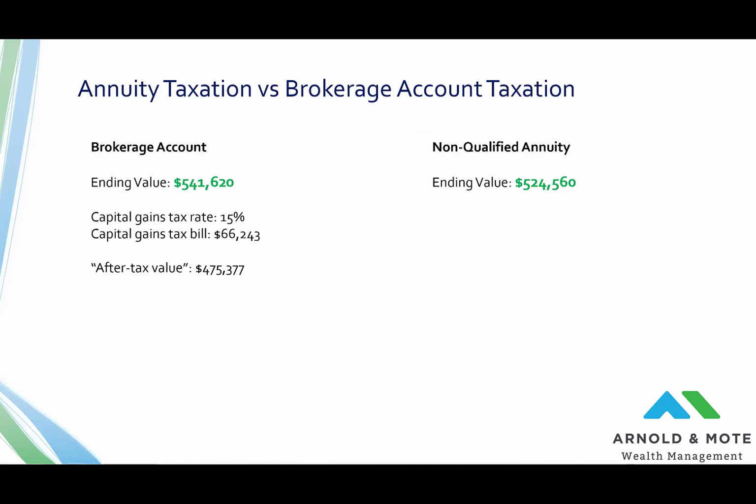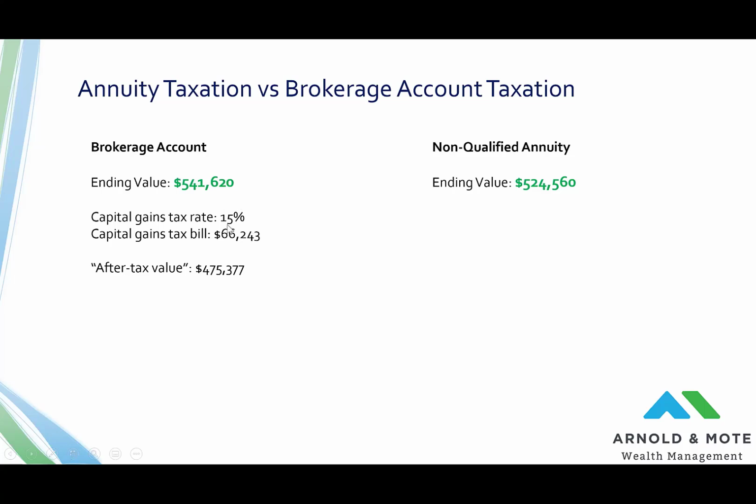Brokerage accounts are subject to a different tax rate than annuities. Brokerage accounts get long-term capital gain tax rates, which for a lot of households is 15%. It can be as high as 20%, but you'd have to be like a married household of well over $500,000 in income. And so most people find themselves at a 15% tax rate for this.